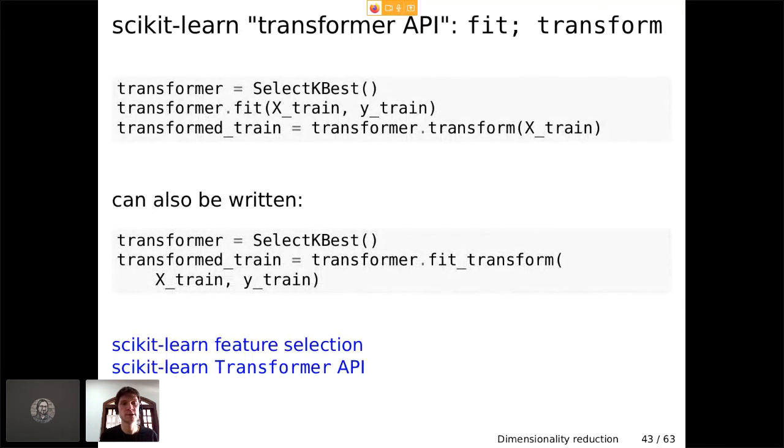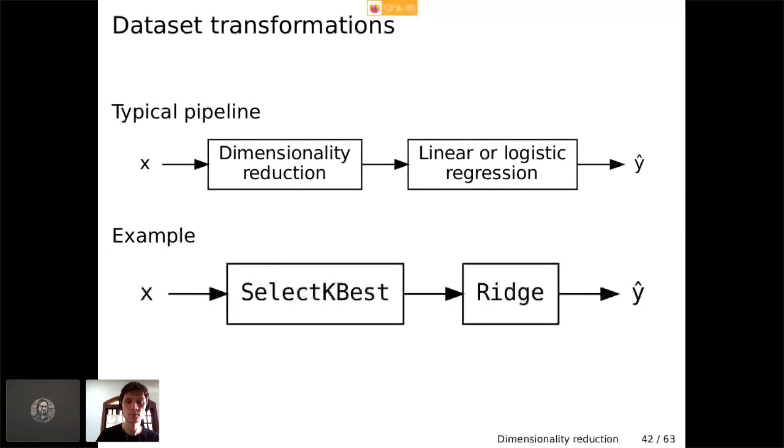And this introduces a different API that we have in scikit-learn, which is the transformer API. So before we had the estimator, the ridge, that has fit and then predict. And previous steps in a pipeline are called transformers because what they output is not a prediction for y, but a modified version of x that can be fed to subsequent steps.